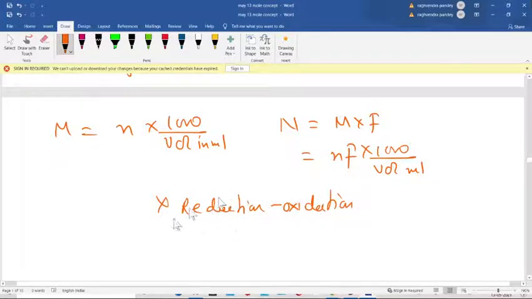So even if they are given in the books, avoid them. They are not required in the first chapter. Most of the time, normality comes in reduction oxidation numericals, so I don't suggest doing those normality calculations there. Just do simple acid base if it is given, otherwise you can avoid it.